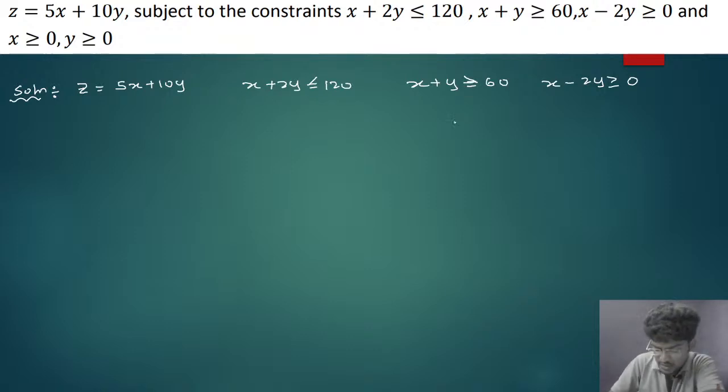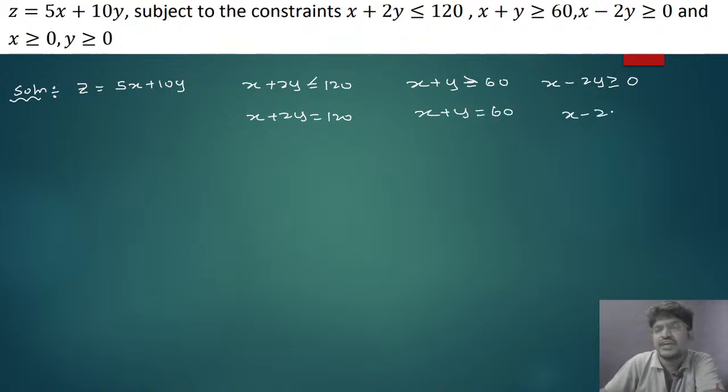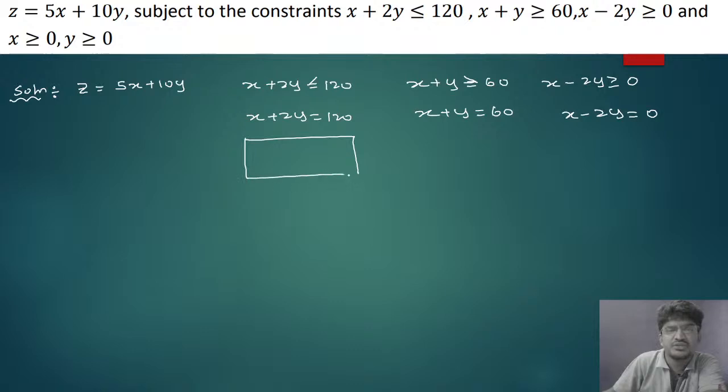Okay. So now to simplify this, I will take it as x plus 2y equal to 120, x plus y equal to 60, x minus 2y equal to 0. Simplify these terms.